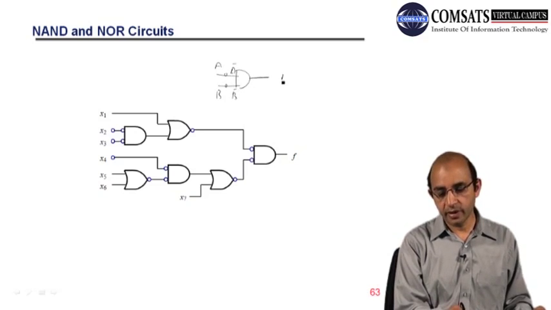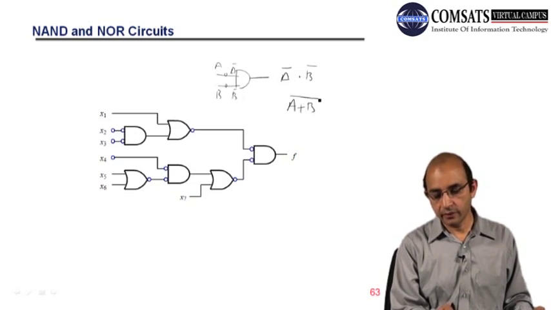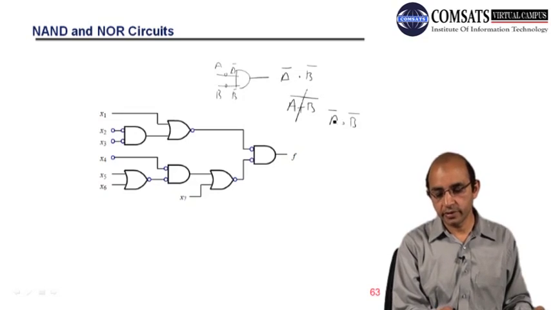So what I will be having is A bar dot B bar, right? Because we have to break the line, change the sign, so I will be having this, right? So that is the same.